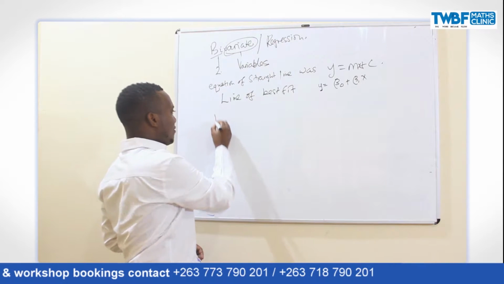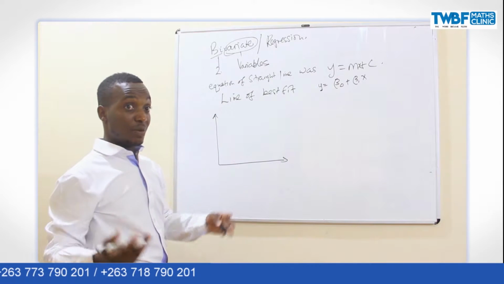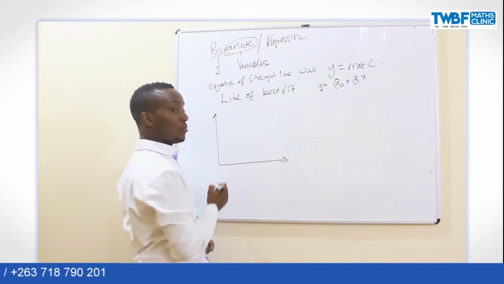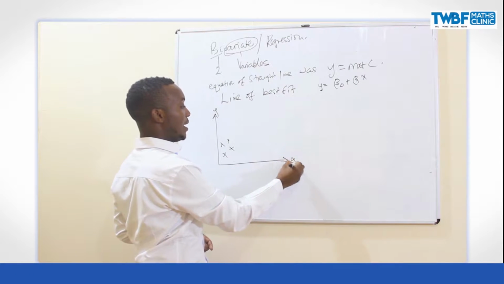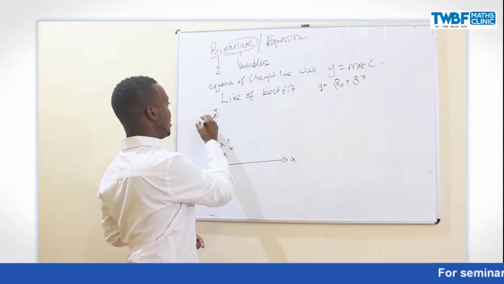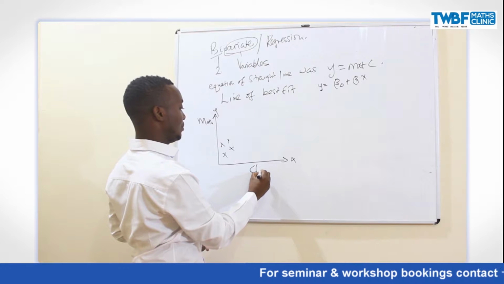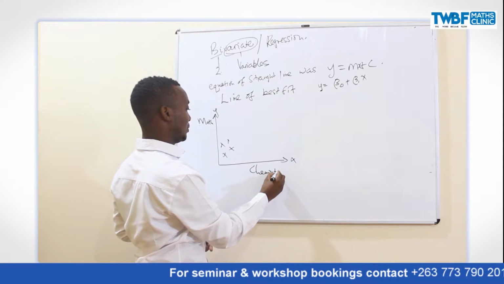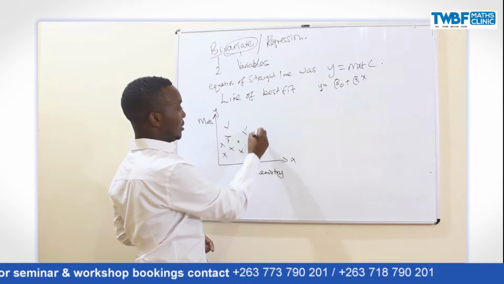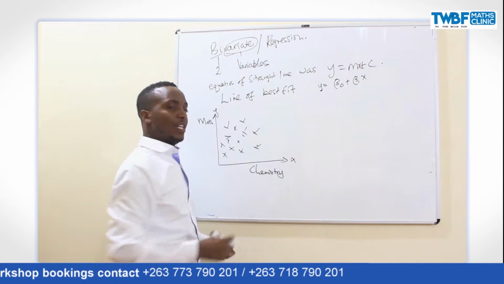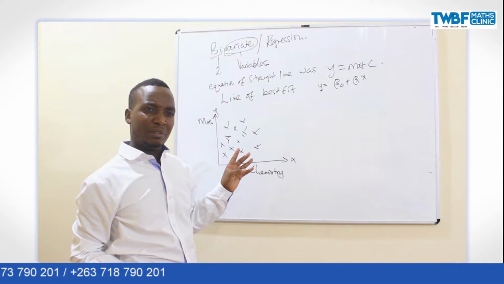So if we plot, maybe these are marks in chemistry and maths, as I was saying, on an xy plane, this is our y, this is our x. Maybe this is maths, this is chemistry, and the points are like this, like this, like this. You see, these points are not following any order.